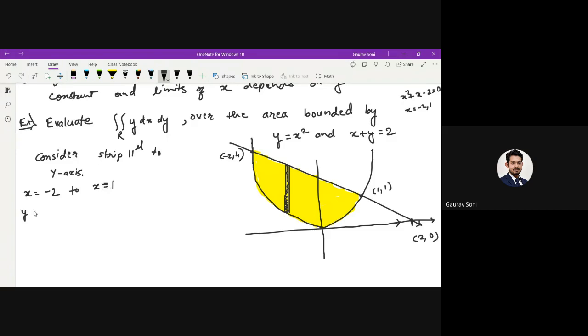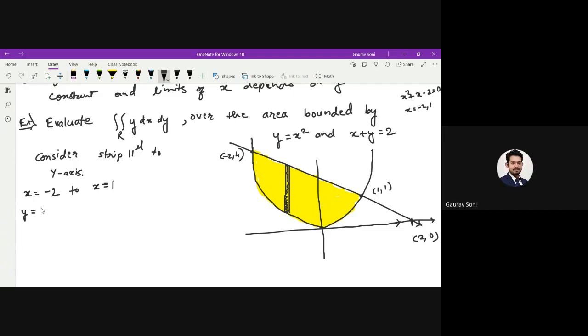And y is running from... Manas, wait, let someone else answer this. Y is running from... Shivani. Sir, can I?